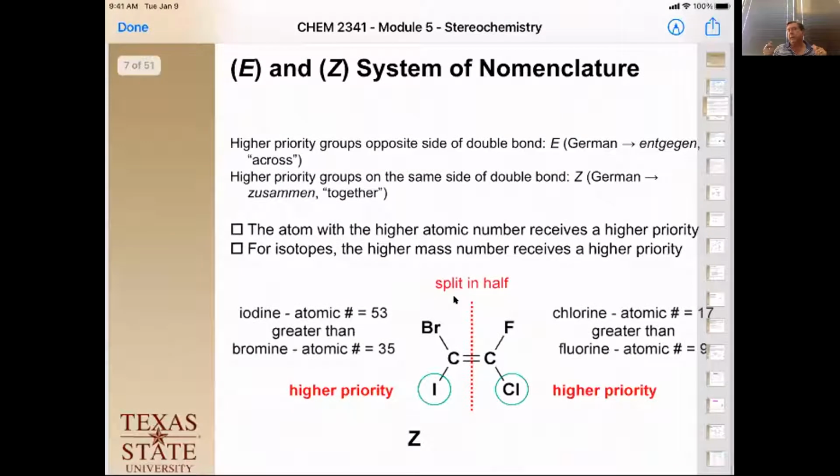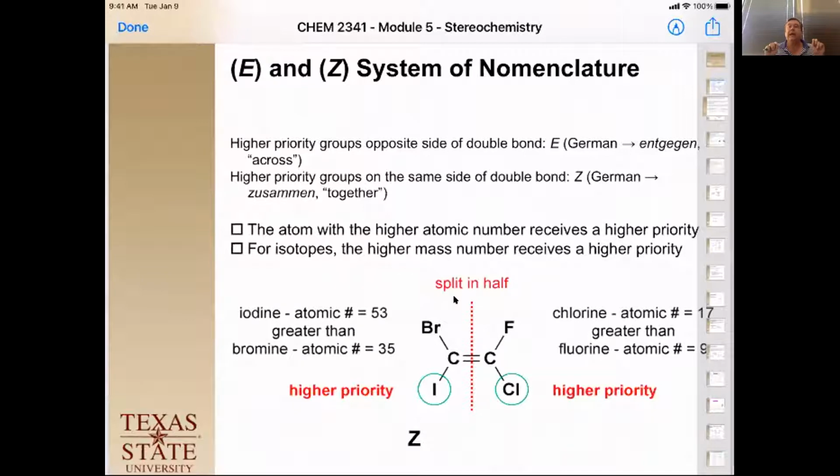So we have already talked about E and Z, right? When we were talking about nomenclature, right? So I'm going to go over this pretty quick. We're going to use the exact same prioritization rules for E and Z as we're going to use for the ones that don't have any double bonds. Okay, and our rules are number one, atomic number, not mass, atomic number. The higher the number, the higher priority.